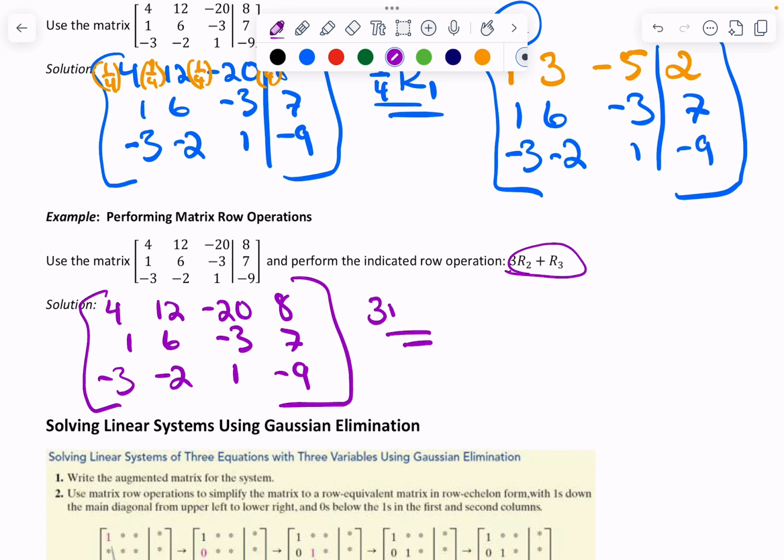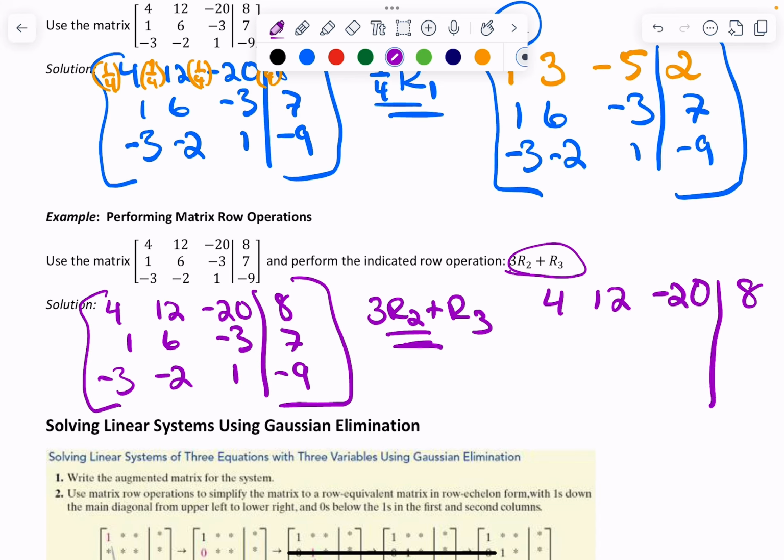So multiplying row 2 by 3 and adding it to row 3. Oops, I'm missing the vertical line. The first row and the second row have not changed. We keep those the same. It's the third row that we are changing. So we are multiplying the second row by 3 and adding it to the third row.